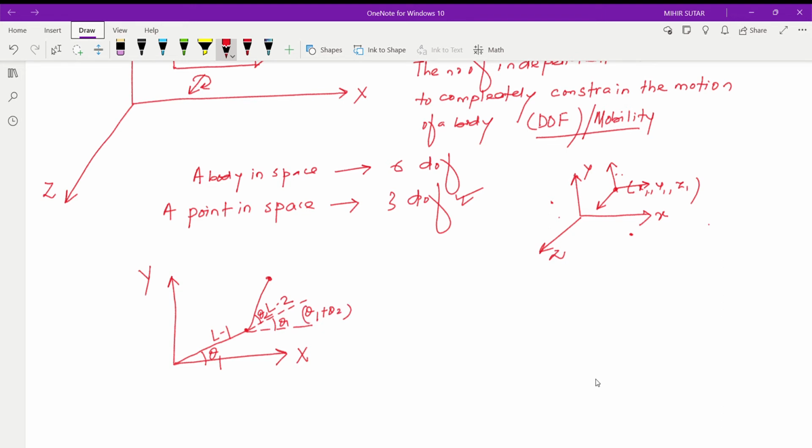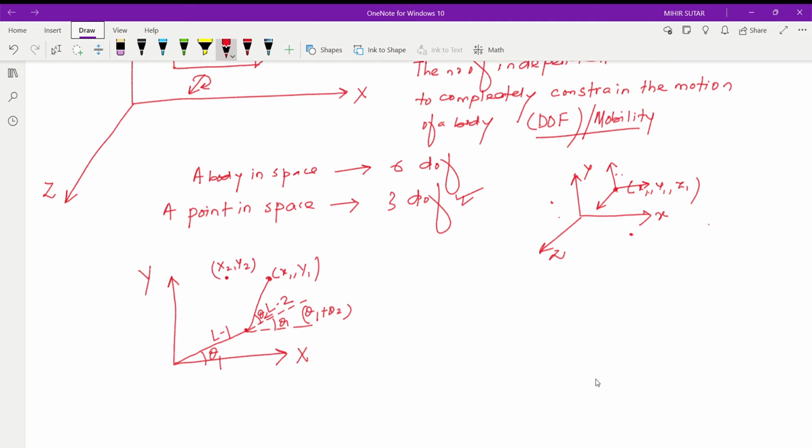Now suppose the current position is at x1 y1, and we are interested to move this end point to a new point x2 y2.